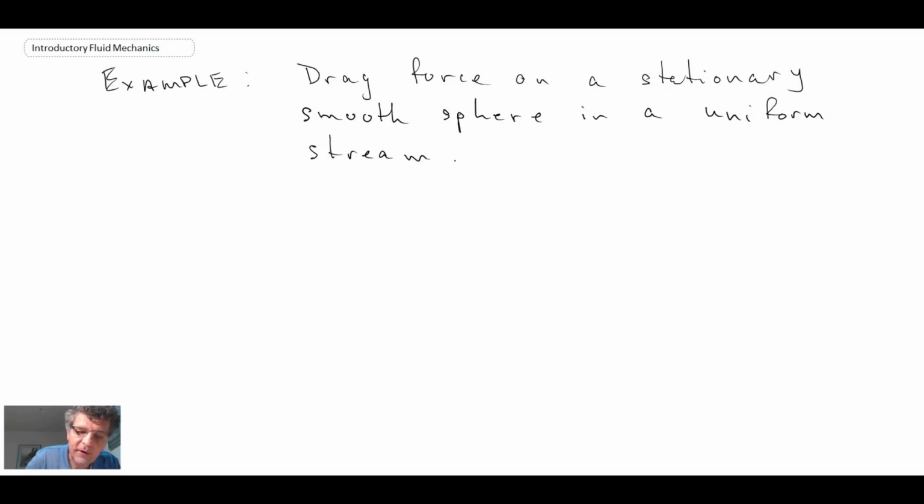This is something pretty simple. We have a sphere, maybe diameter d, in a uniform flow. We have some uniform flow coming over it, and we'll say the free stream velocity here is v. We're interested in the drag force on that sphere. So force is equal to what?